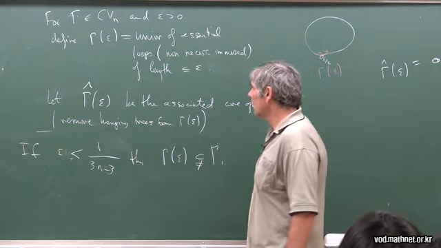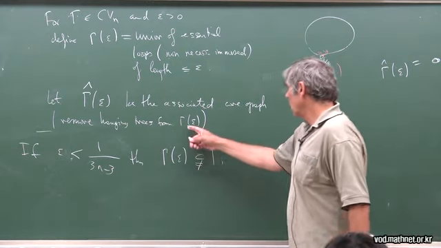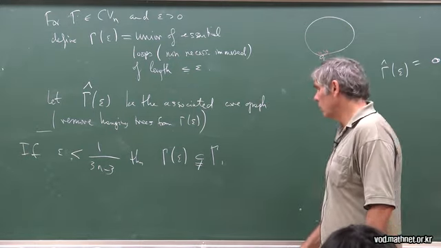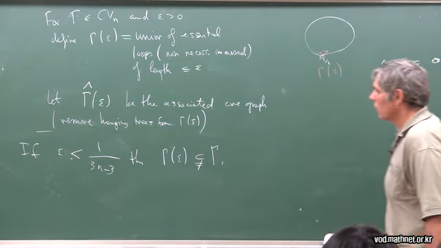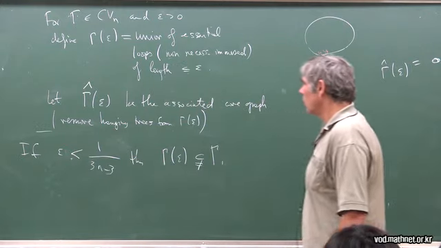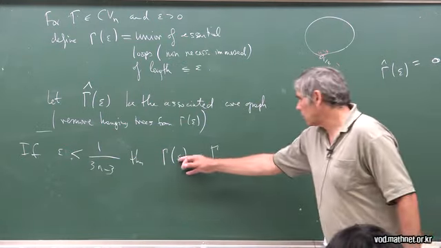So when you're defining gamma of epsilon, you cannot get the whole graph. This big edge will not be in it. If epsilon is sufficiently small, then gamma of epsilon is a proper subgraph.